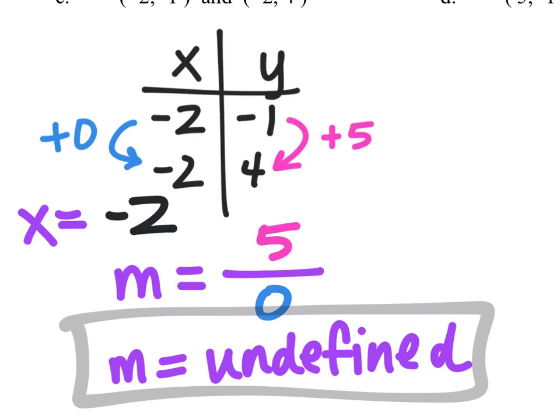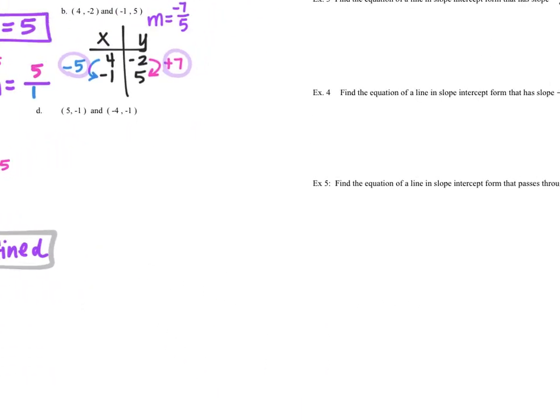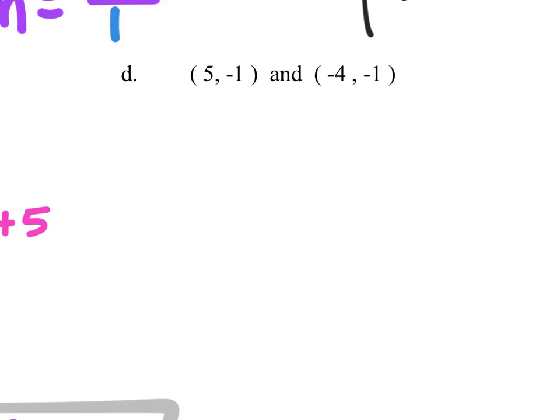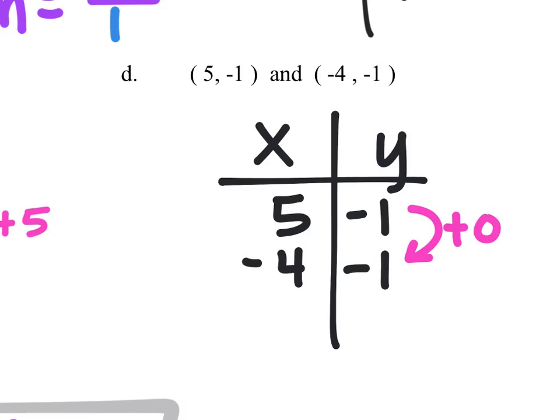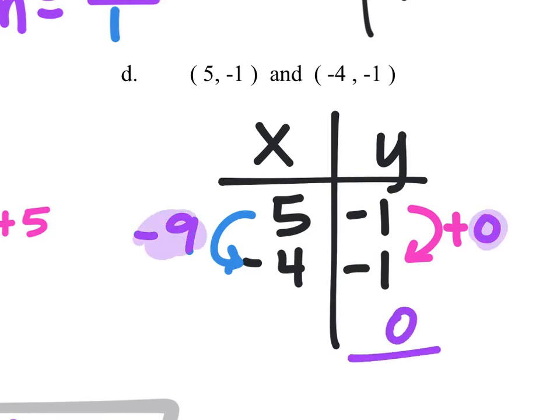And the last one on this section, set up my slope table, 5, -1, -4, -1. The change in y is 0, and the change in x is -9, and the ratio of 0 to -9 equals 0.